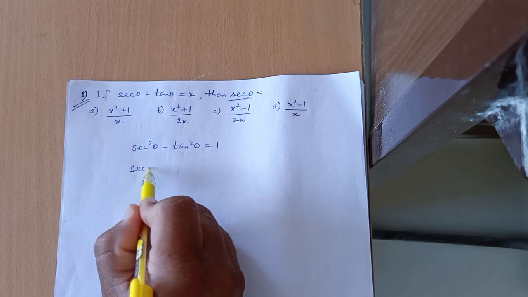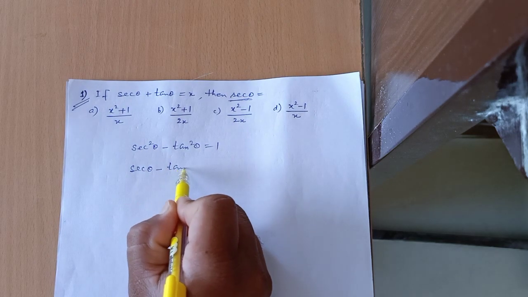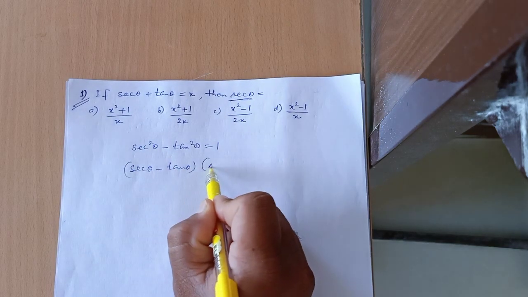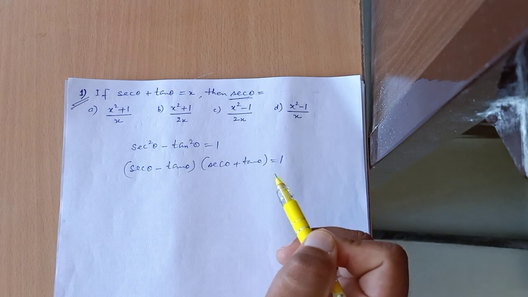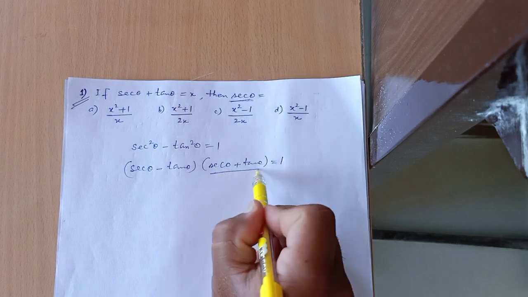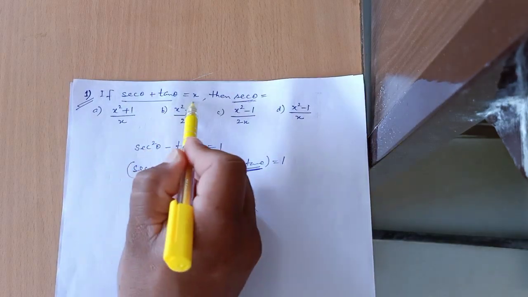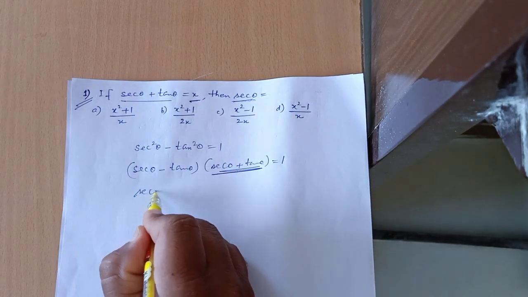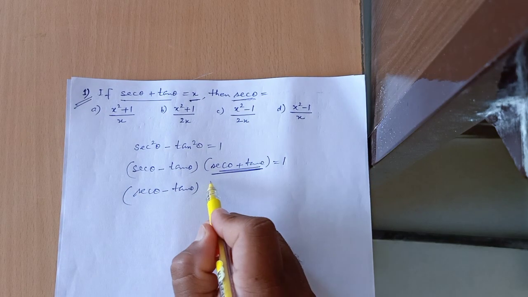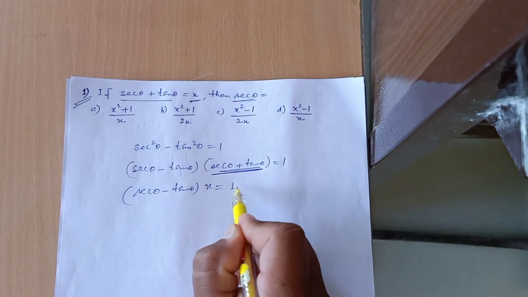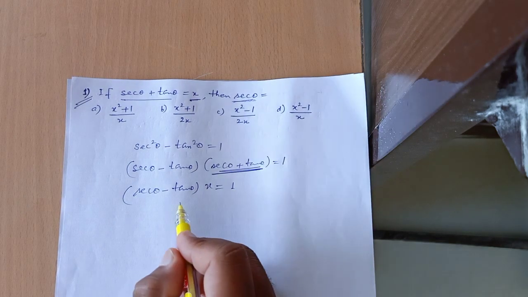So we can write secant minus tan and secant plus tan is equal to 1. So this is x here, so secant theta minus tan theta times x is equal to 1.